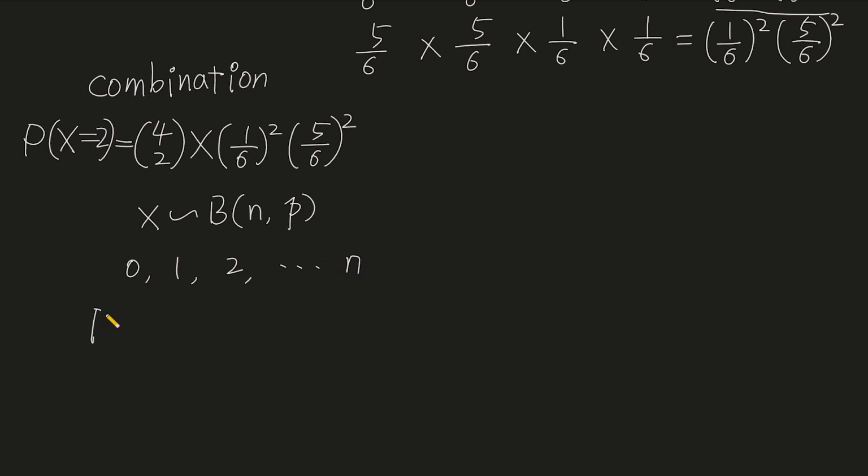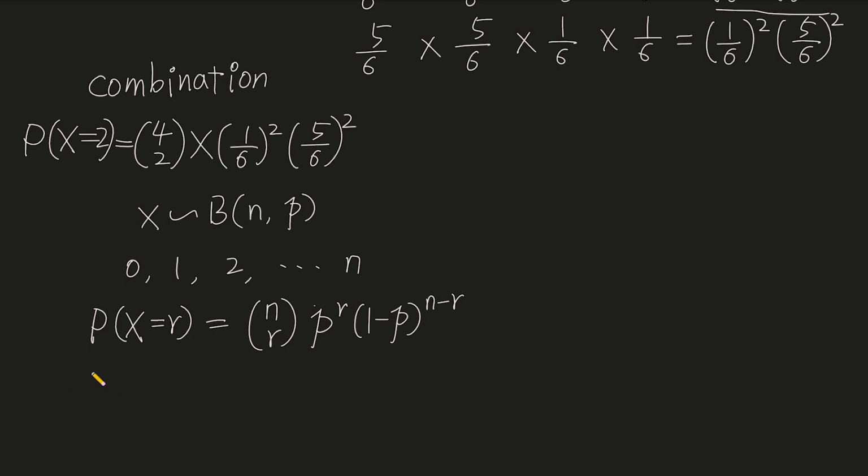And the probability for each possible value is P(X = r) equals C(n, r) times p to the power of r multiplied by (1 minus p) to the power of n minus r.